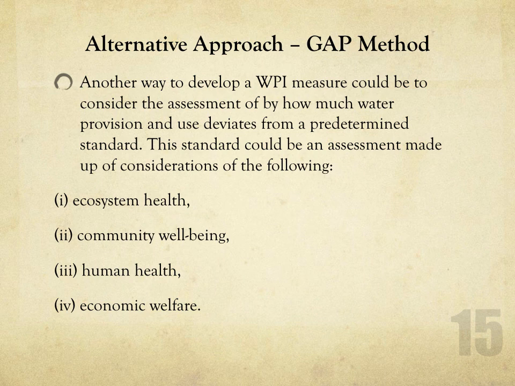Here she also talks about an alternative approach, known as the gap method, in which the water poverty index measure could be to consider the assessment of by how much water provision and use deviates from a predetermined standard.